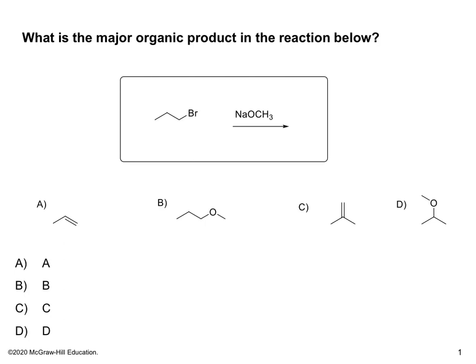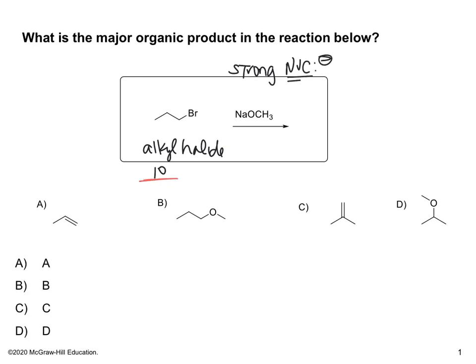Okay, so this is obviously from a review slide, and you're trying to decide, we have an alkyl halide, and it is a primary alkyl halide. And so what's our conditions? We have, this would be considered a strong nucleophile, would also be considered a strong base.